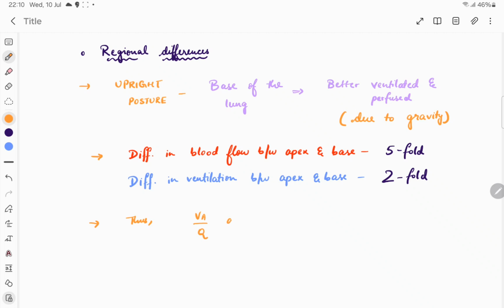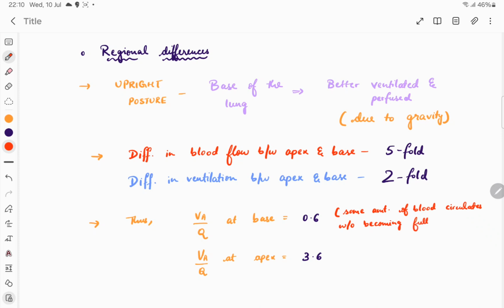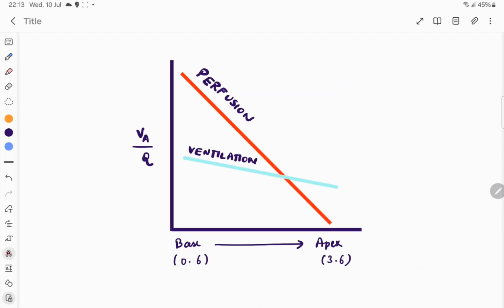Thus, the VA by Q at the base is 0.6, whereas at the apex is 3.6. At the base, there is more perfusion compared to ventilation. Thus, some amount of blood circulates without becoming fully oxygenated, whereas it is opposite at the apex. So, there is a high alveolar oxygen tension and low carbon dioxide tension at the apex.